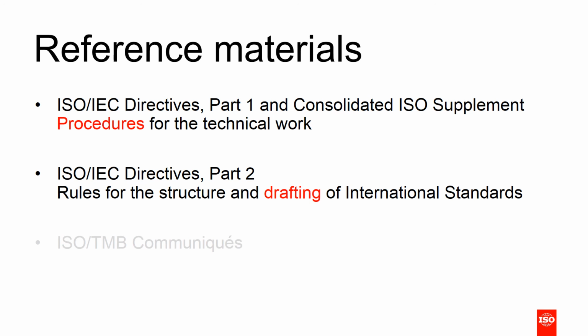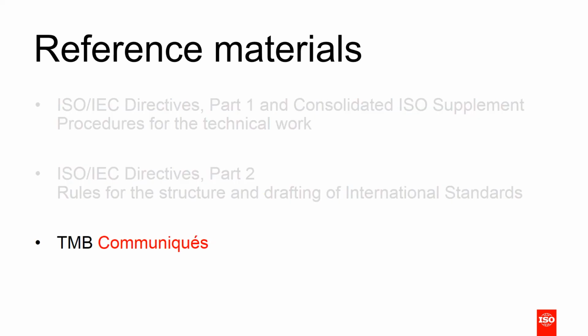So aside from the directives, you can also use the TMB communique to keep up to date with the latest rules and resolutions affecting your ISO technical work. The TMB shapes the technical environment. It meets, as mentioned in Unit 1, 3 times a year and issues resolutions that are applicable to some or all ISO committees.